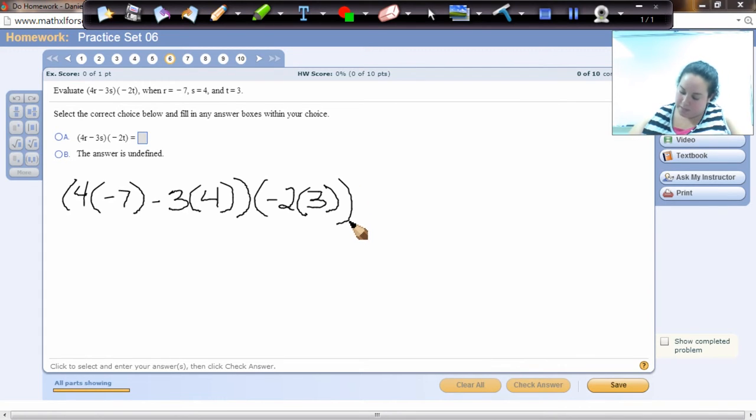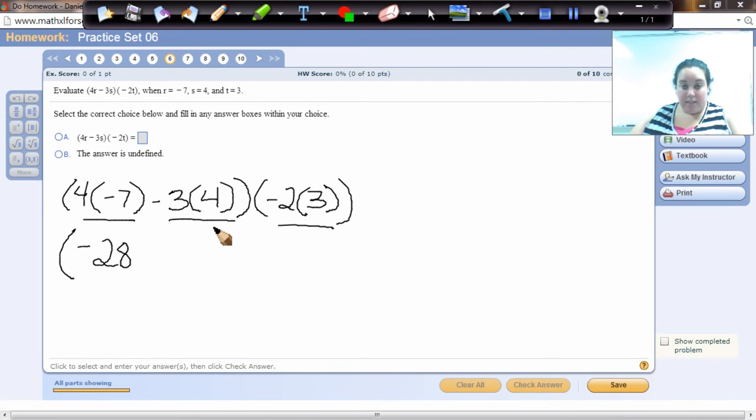All right. So remember, order of operations tells us to do our multiplication first, working inside parentheses. So we'll do 4 times negative 7, negative 3 times 4, negative 2 times 3. 4 times negative 7 is negative 28.